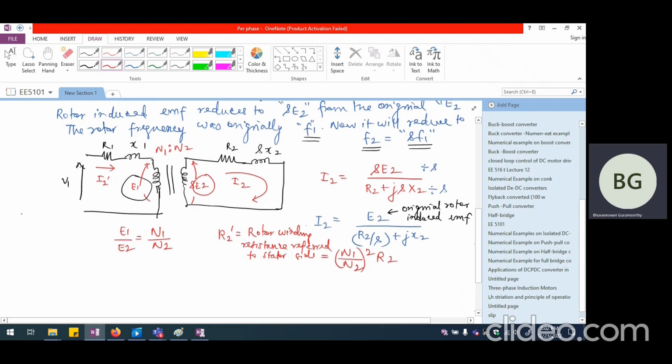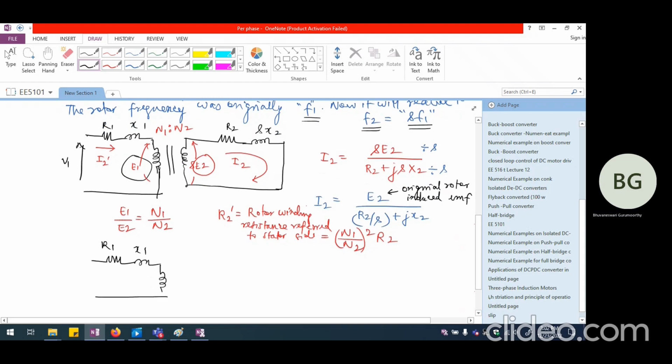So let me first of all redraw without taking things to the other side. Let me write this is R1, this is X1, and I'm going to have E1 still. And I'm going to have the iron core. Then I'm going to have E2.